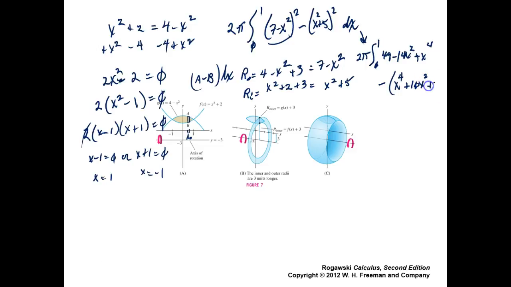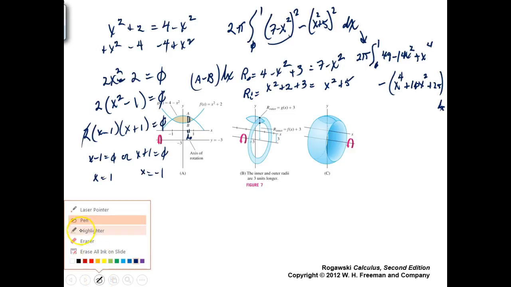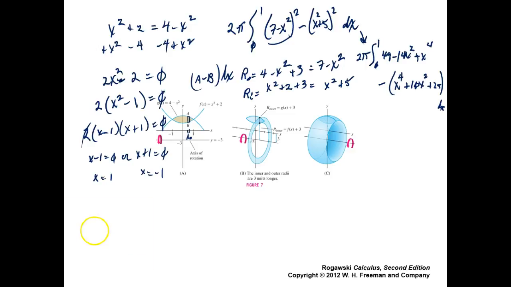Plus 25. Okay. And then that's dx. Okay? Now, if it's all right, I'm going to remove the parentheses and change the signs of everything inside. Is that all right? Because I just don't want to write it again. Okay? So I'll remove that parentheses, leaving a minus x to the 4th. That'll make a minus 10x squared minus 25.